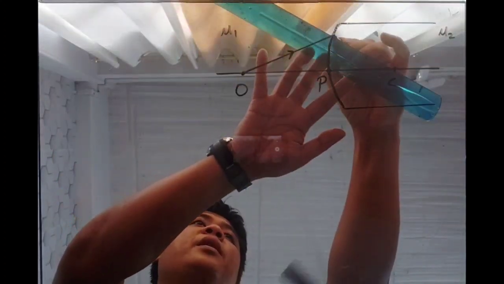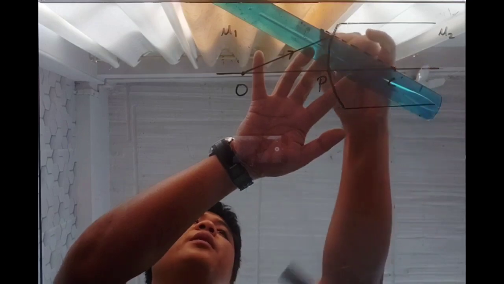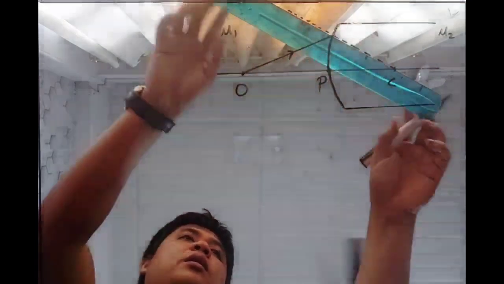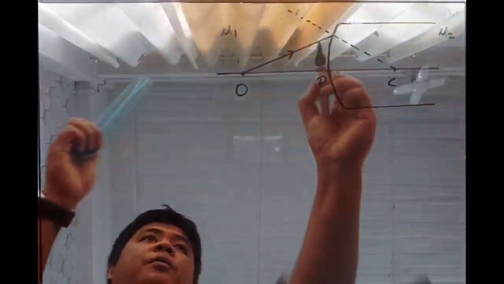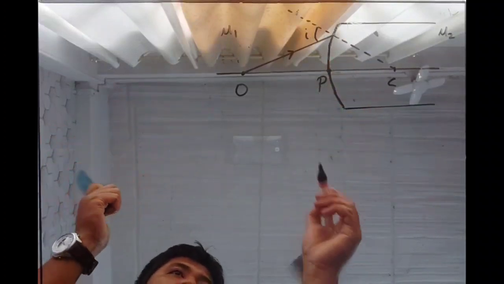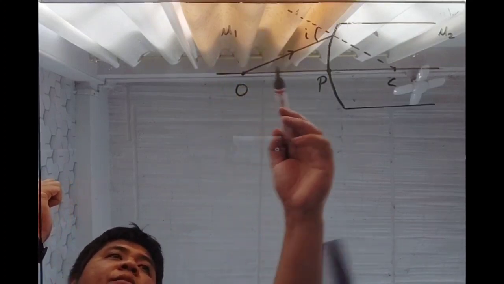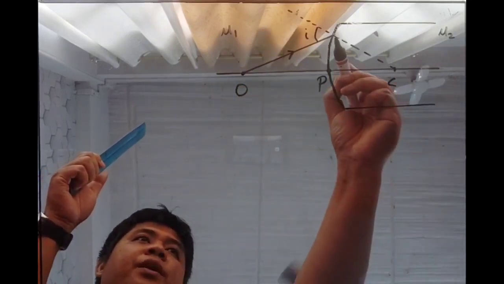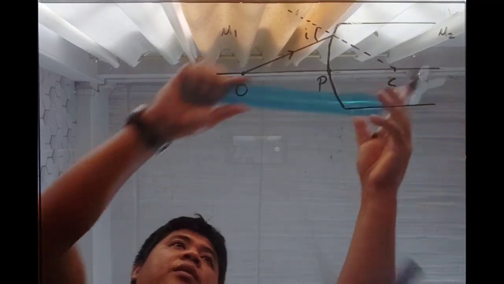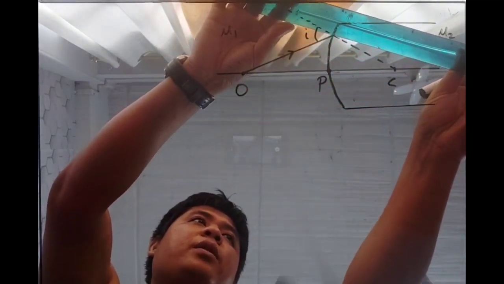The normal is the line passing through the center of curvature. This will be the angle of incidence, and here the ray travels from the rarer medium to the denser medium, so it bends towards the normal.